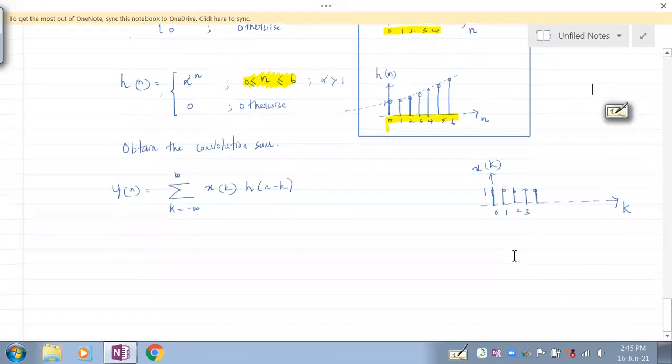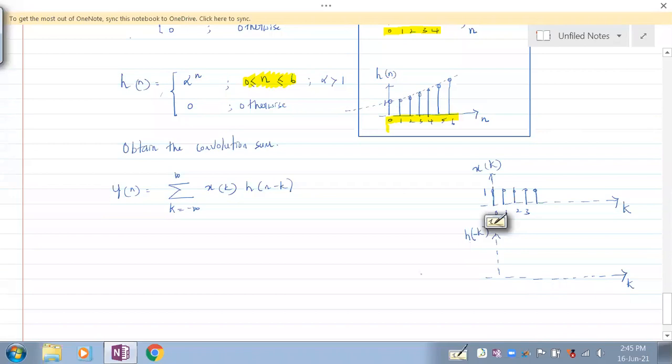Now, once we have got x of k, how to get h of n minus k given h of n is the question. Since it is with respect to k, let's first get h of minus k. What is h of minus k? If this is h of k, which is how we can plot h of n, then for h of minus k you have to just reflect this.